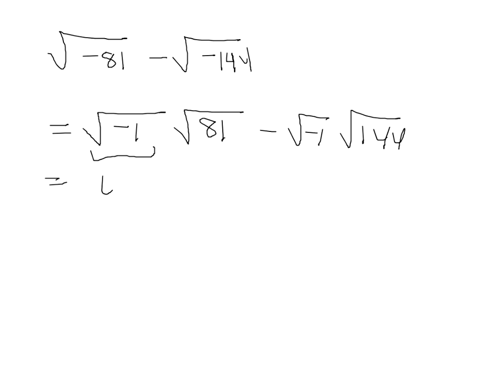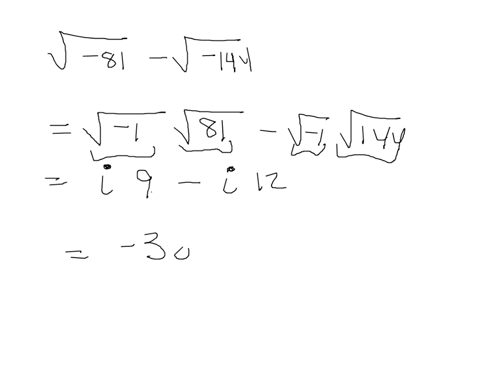So this gives me 9i minus 12i. 9 minus 12 is -3, so that would be -3i.